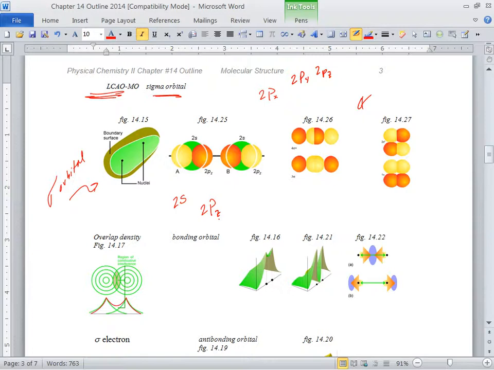Okay. So from each atom, you're taking the 2s and the 2pz. That means you're starting with 4 atomic orbitals, and you're going to end up with 4 molecular orbitals. All they're going to mix, like I said, is the 2s and the 2pz.